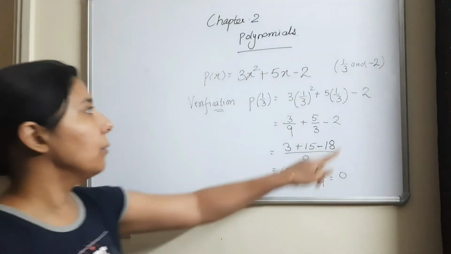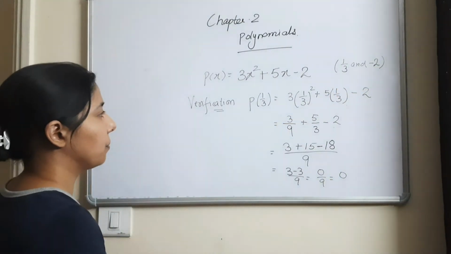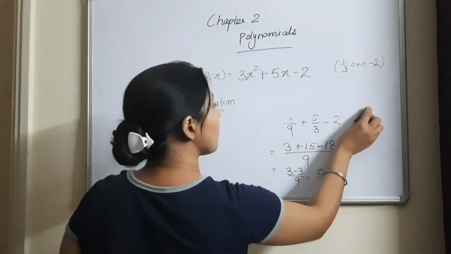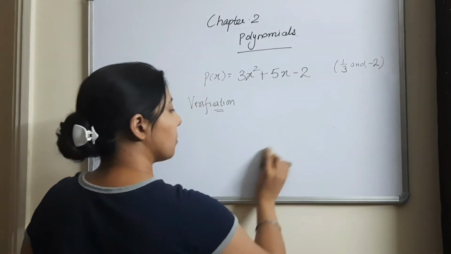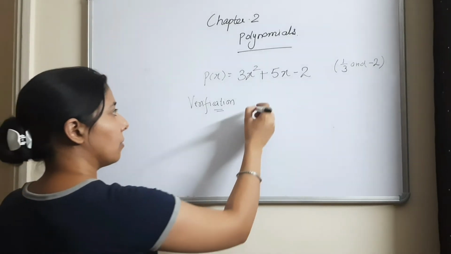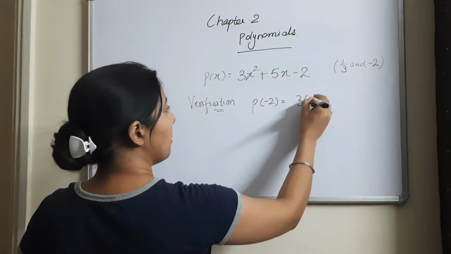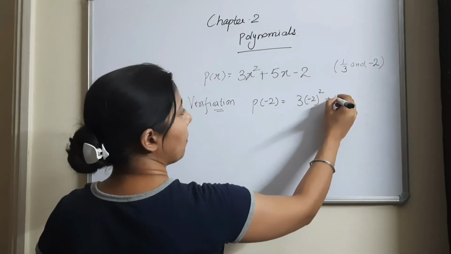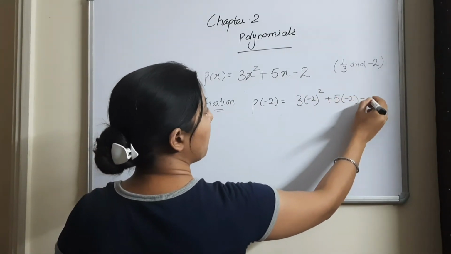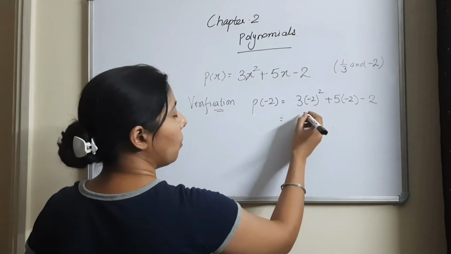Similarly, you can check for minus 2 also. 3 times (minus 2) square plus 5 times (minus 2) minus 2. 3 into 4 is what?